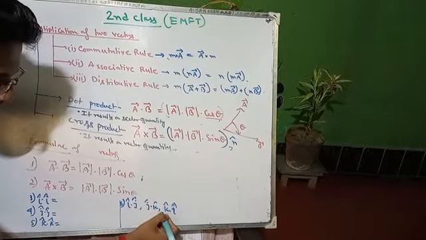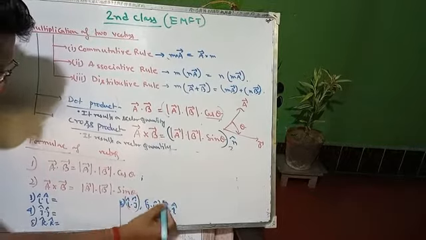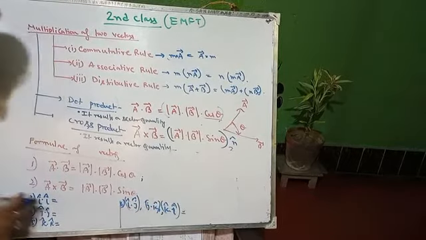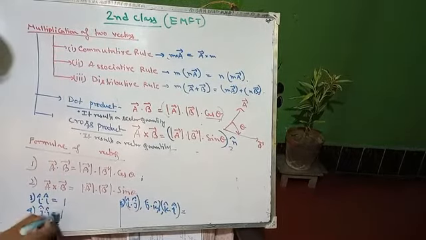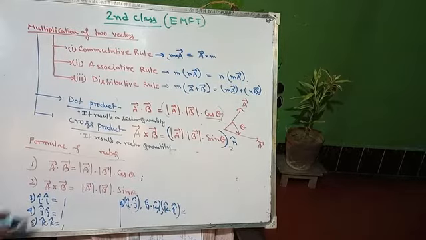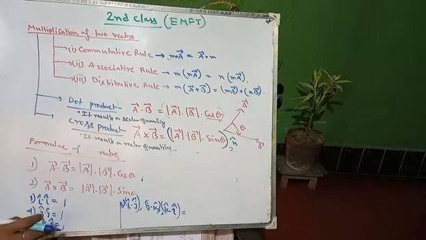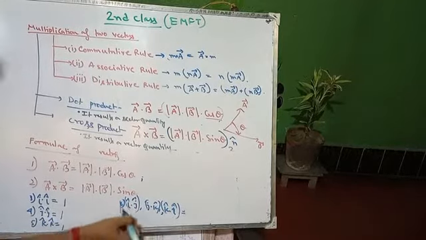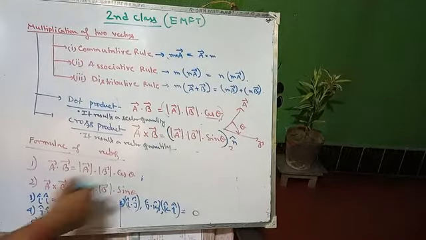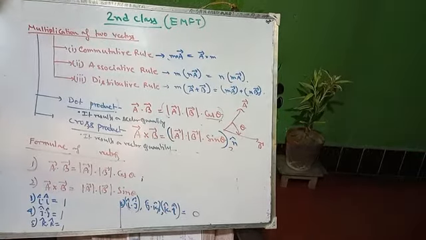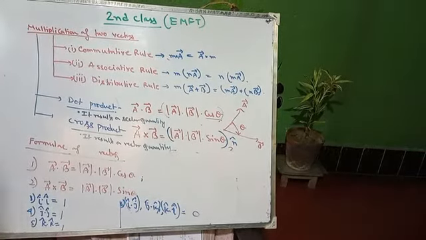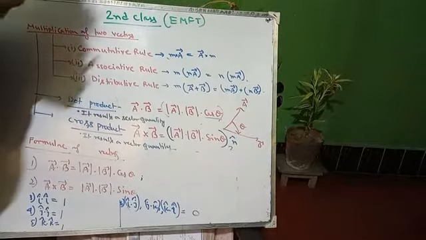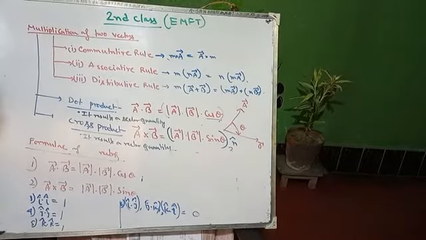What are the values? Okay, i dot i equals 1, j dot j equals 1, k dot k equals 1. So the dot product of similar unit vectors will be 1, and the dot product of dissimilar unit vectors will be 0. Can you prove it? How do we get these values?